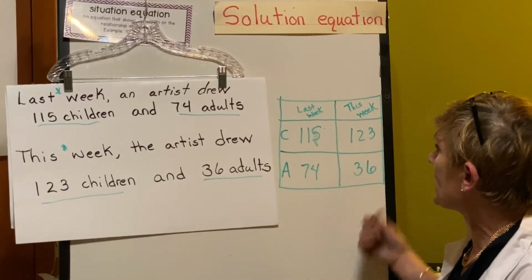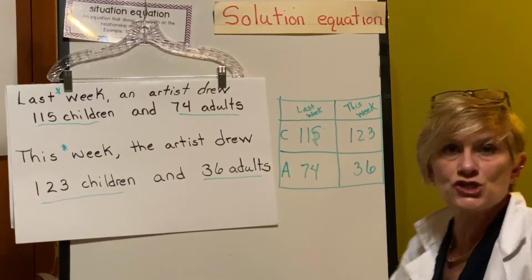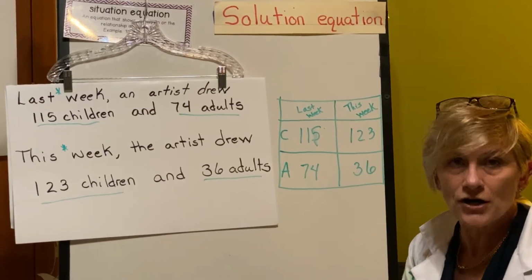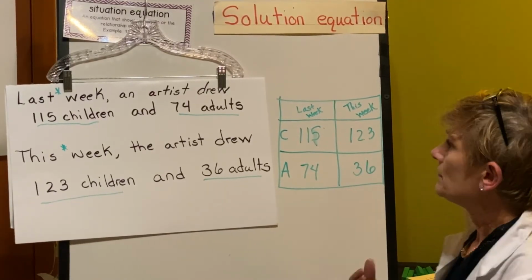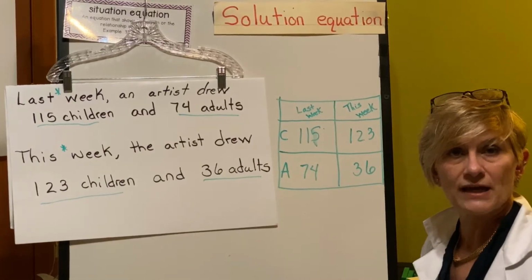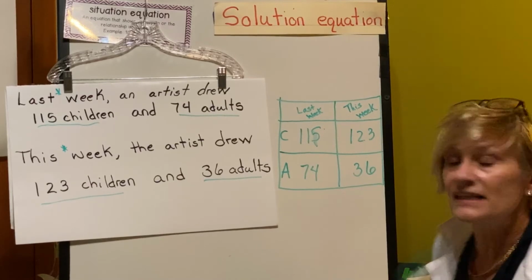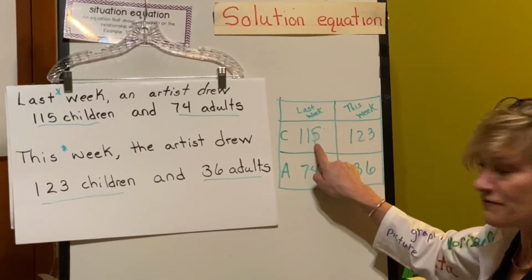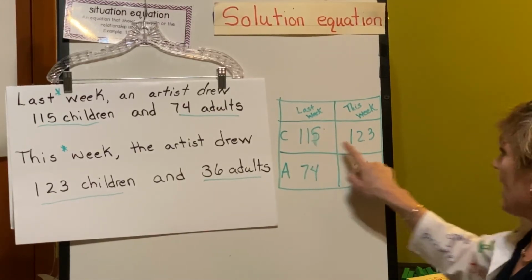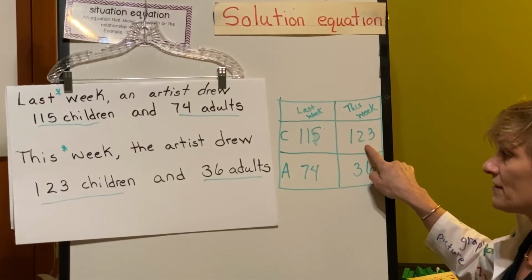So I could look at this and say, how many children did the artist do last week and this week? Yeah, exactly. I would take 115, and I would add it to the 123.